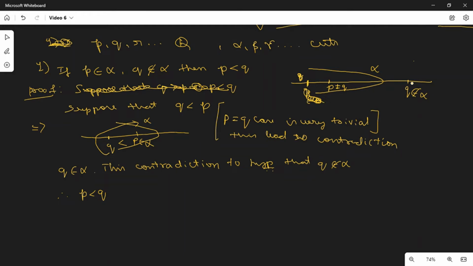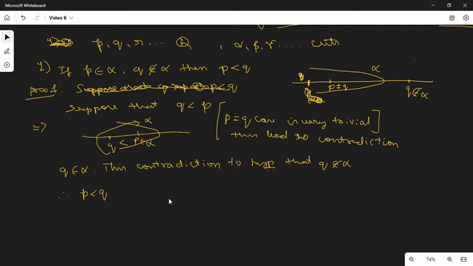So let's go for the second one. Again, the second one is also very important, because I need them in an intermediate step. The second property: if R is a rational number not belonging to some cut alpha, and R is less than some other rational number S, then this other rational number S also does not belong to alpha.